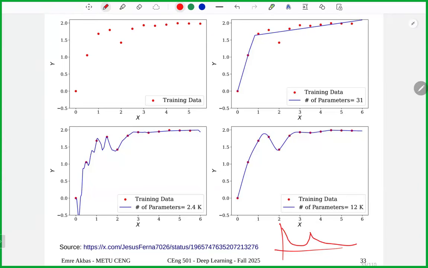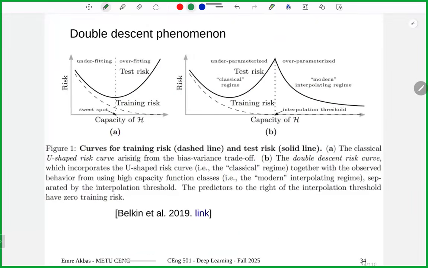So that 2.4K is somewhere here because the test error is high, training error is low, but the model with the 10,000, 12,000 parameters is here. So it's a very interesting phenomenon, as you can see.